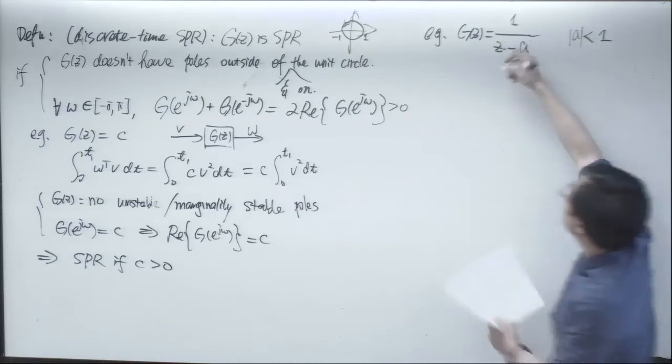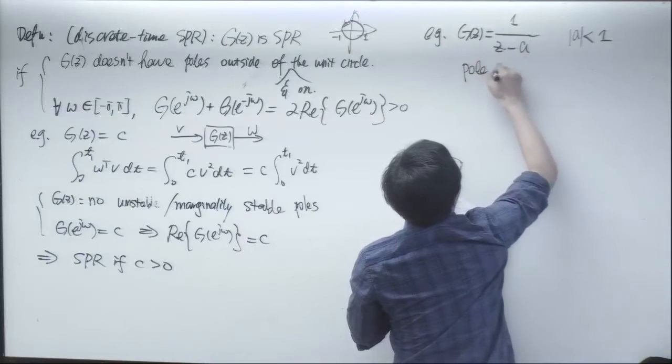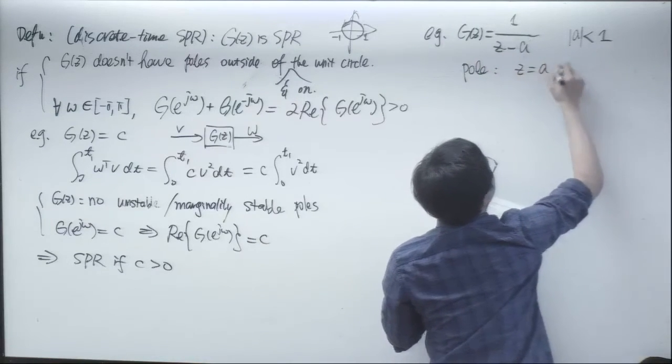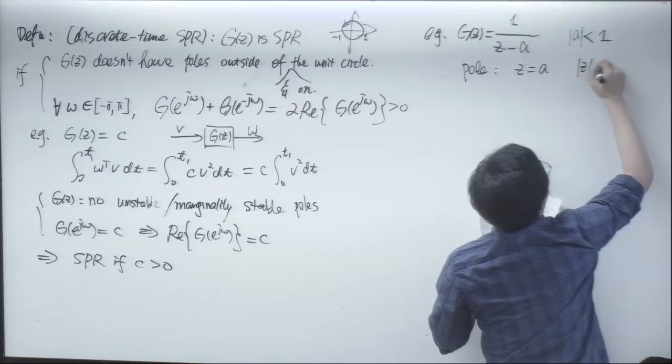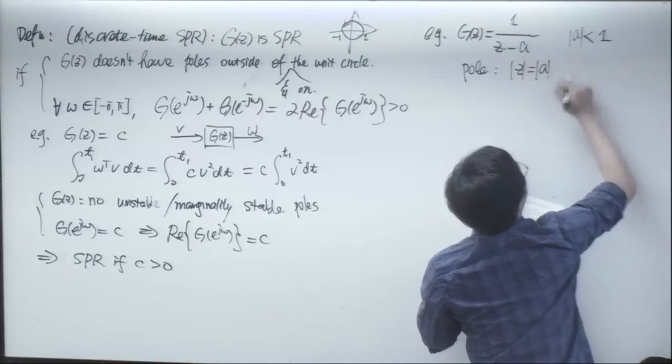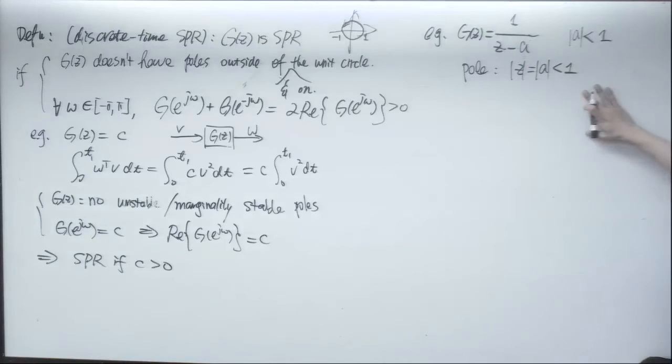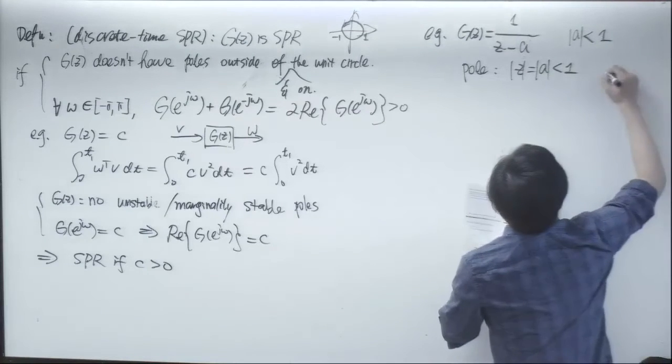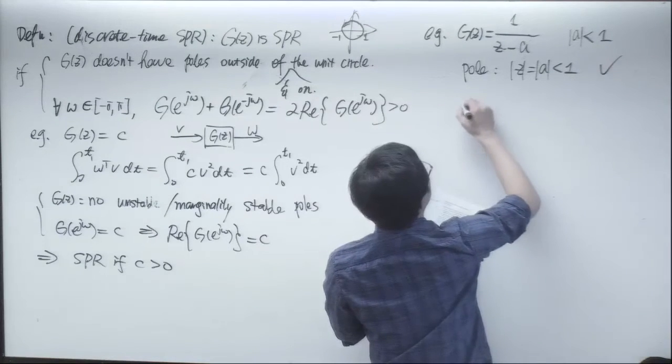All right, so the pole is z equal to A. So therefore, this pole is inside the unit circle. It is always stable. Then let's check the frequency response.